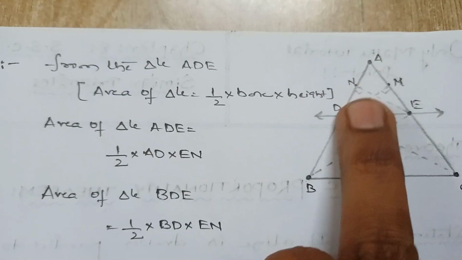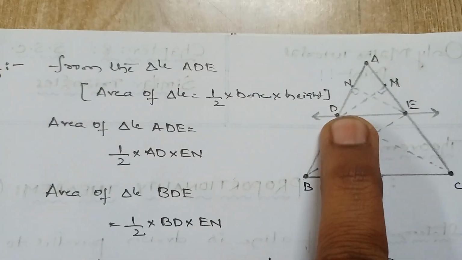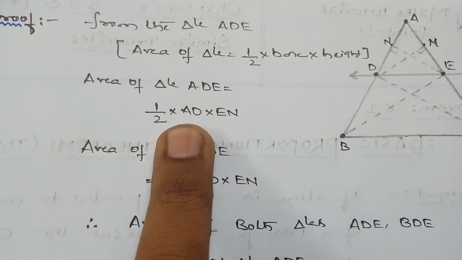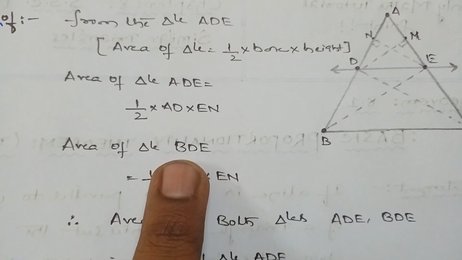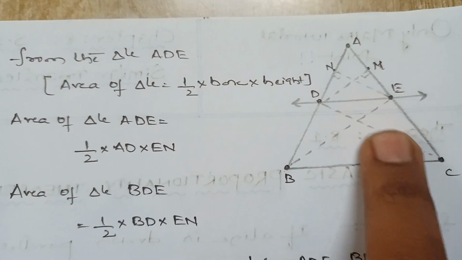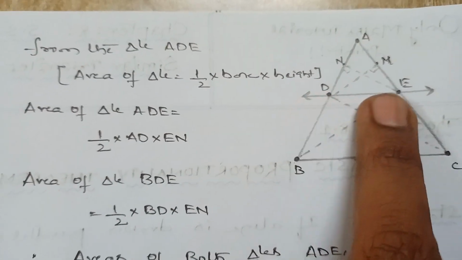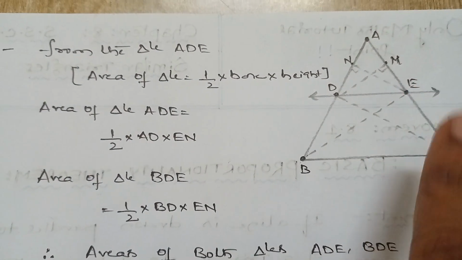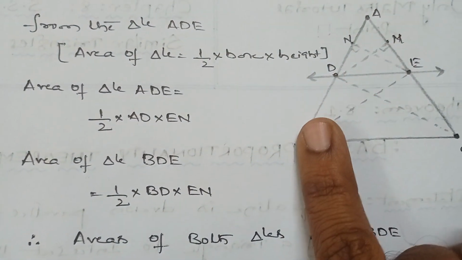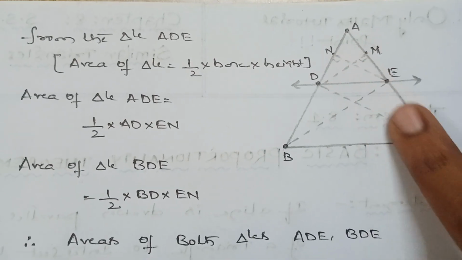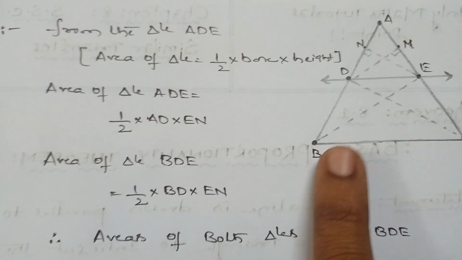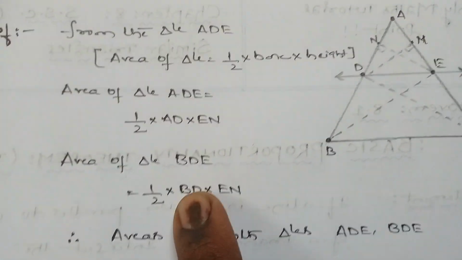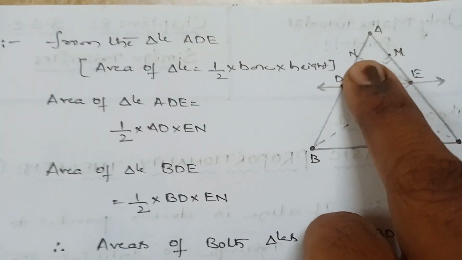So from triangle ADE, the base is AD and the height is EN, the perpendicular, that I mentioned here. To prove this theorem, first I took the triangles from one side; similarly we should solve for the other side. Coming to the second triangle, BDE: the base is BD and the height is the same, EN.